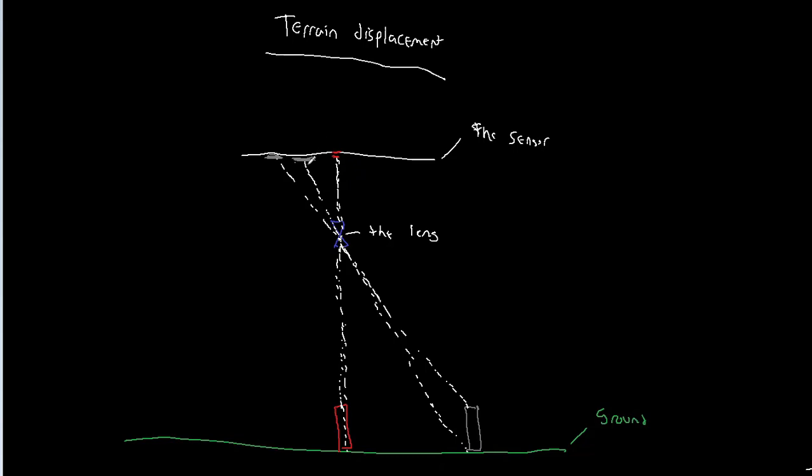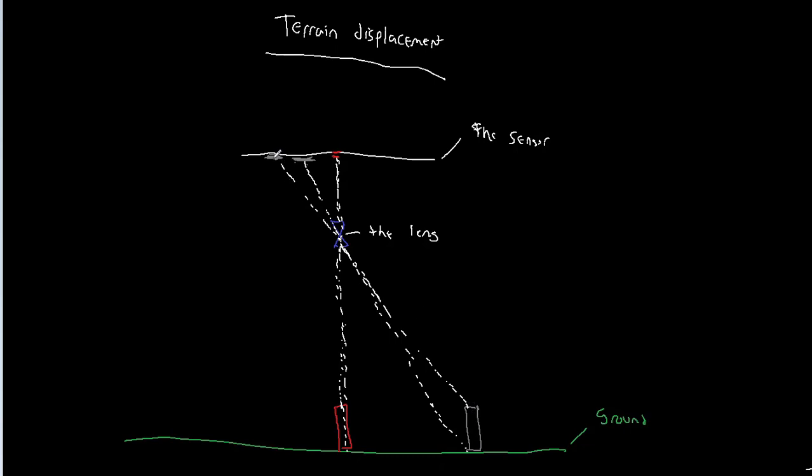Now, if you were paying attention carefully, you're going to notice two things. One is that the image flipped what was on the ground. That's okay, we can deal with that. The bigger issue is that because this object was not directly under the lens, which we call nadir, it was at an angle relative to the lens, and it ended up being distorted.